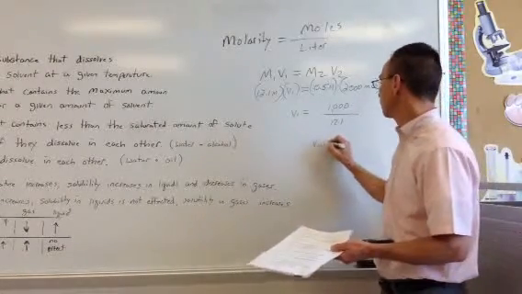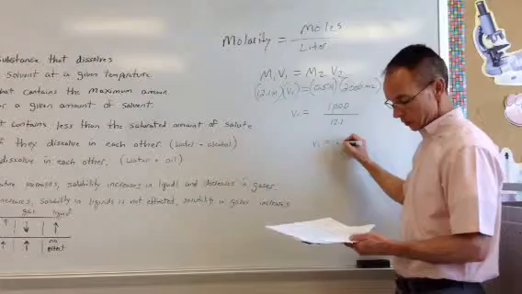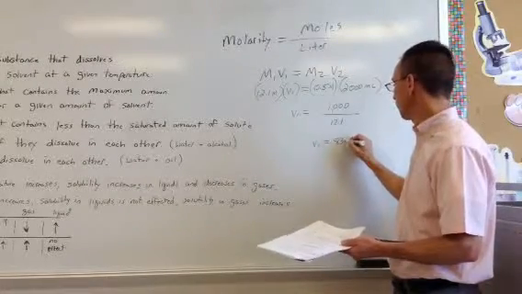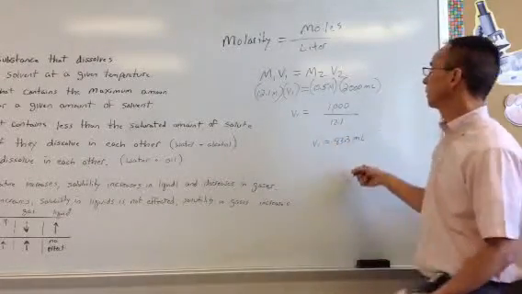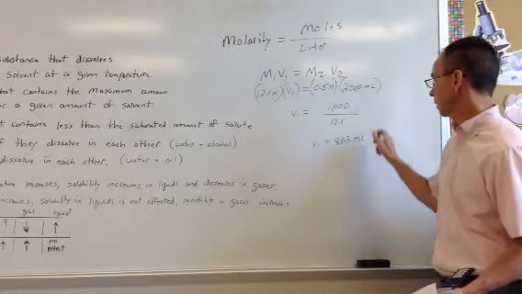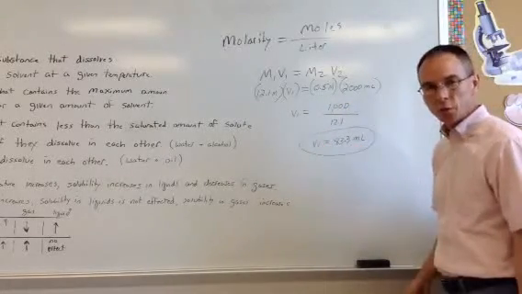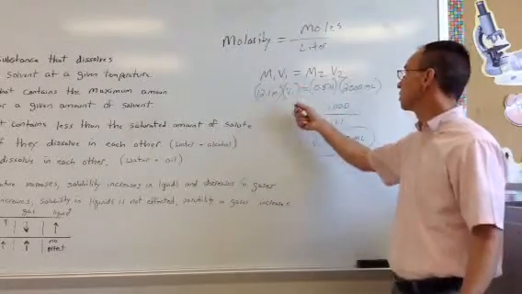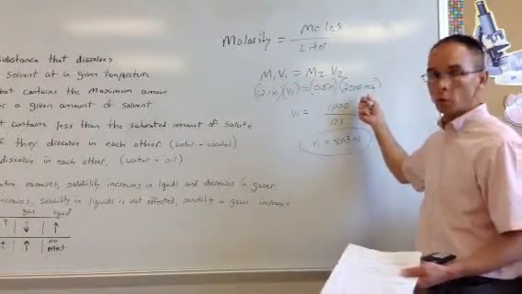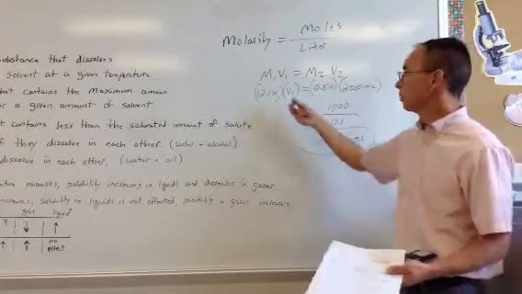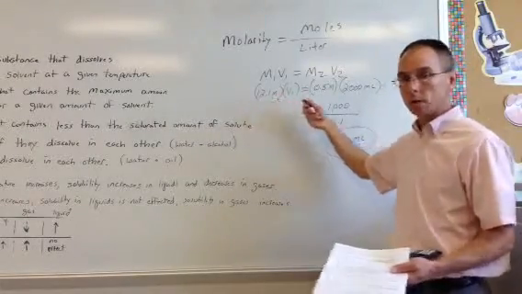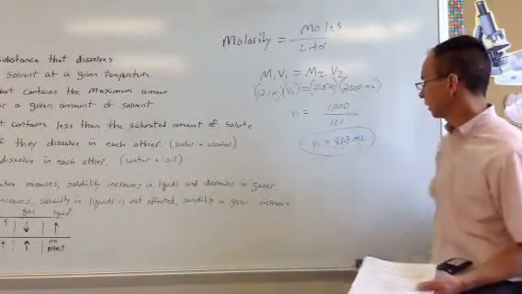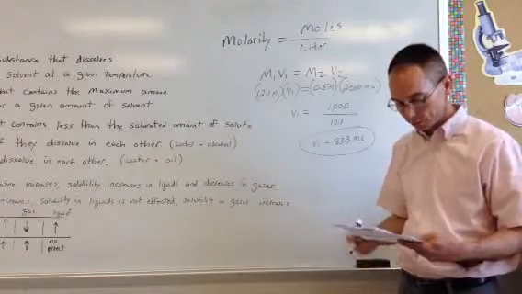And my volume 1 that I need of that stock solution is 83.3 milliliters, because I was working in milliliters. And that's how you do a dilution problem, going from an original concentration to a weaker, more dilute concentration by sampling out of a stock bottle, adding water to it, and getting a new concentrated solution.